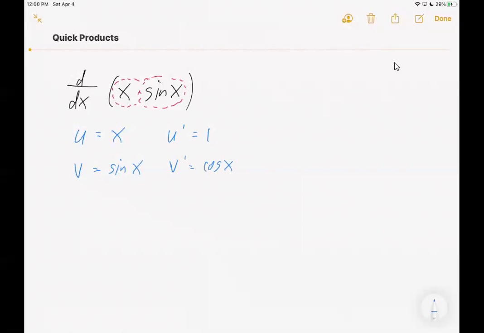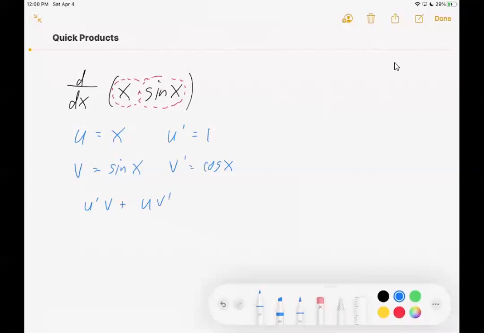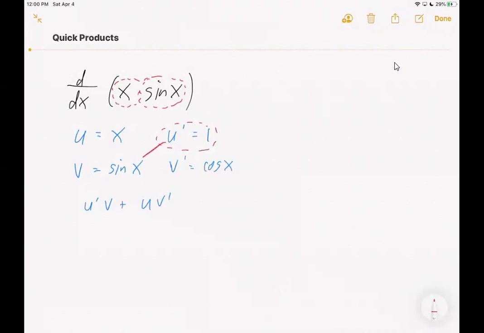And then the product rule said that the answer would be u prime v plus, let me see if I got that right, plus u v prime. That is correct, yes. And we saw when we did this before, if we start with this corner being u prime, if I criss and then cross and add those two products together, I'll get the answer.